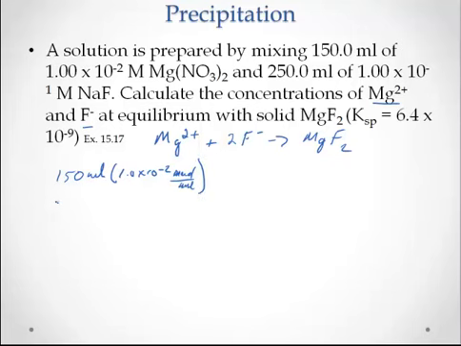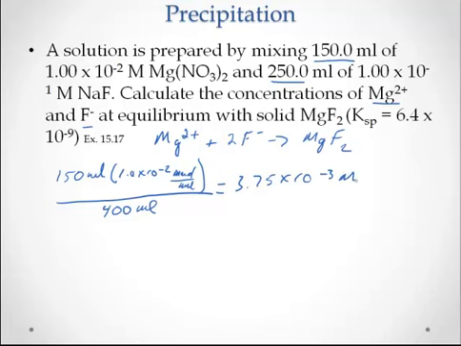And then hopefully you can handle this. I'm going to divide that by the total volume. What's the total volume of the solution? It looks to me like it's going to be 400 mL, right? 150 and 250 divided by 400 milliliters is going to give me a concentration of 3.75 times 10 to the negative third molar.